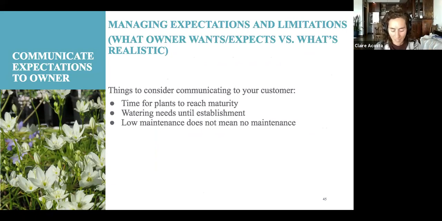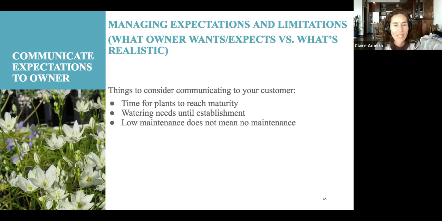Because if you're not clear about it, or maybe you just said it once, it can be a jolt for them to think, oh, this isn't what I thought it would be. I thought it was going to look more like this, or I thought the maintenance would include this. So use as many opportunities as you can to remind them of what you have in mind and what they should be expecting to see in their garden.